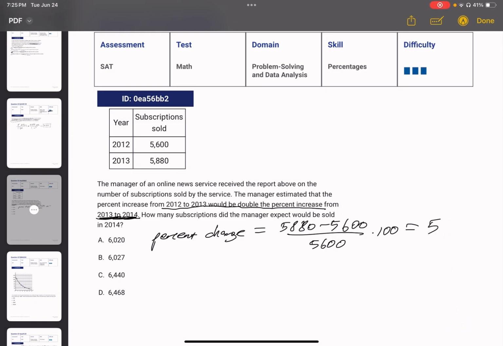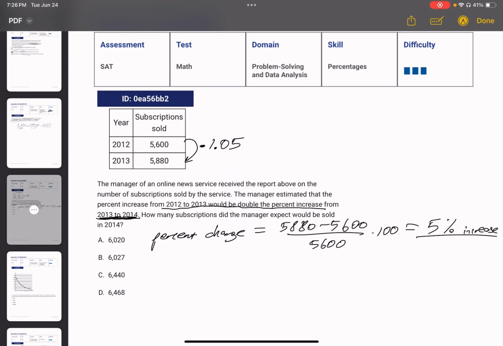So there's a 5% increase. I'm just going to write increase here so you don't get confused. So we know from here to here, to get 5,880 from 5,600, a 5% increase can be denoted as multiplying 5,600 times 1.05, because this is the decimal version of a 5% increase.